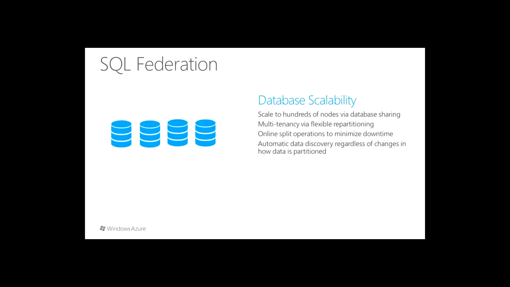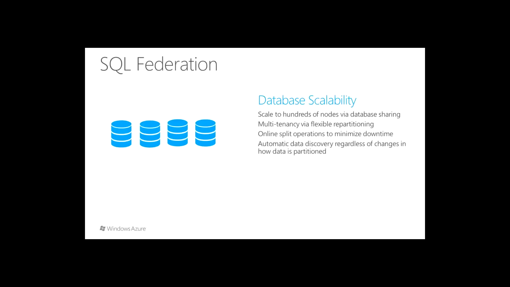The application doesn't care and shouldn't care what's going on in the back end, but I can split and create multiple nodes, multiple partitions in the database very easily without interrupting the application, without making any changes to the application, and without caching anything at the application level. Right? So it's all done at the database level. Very easy, very quick to do, and allows you to scale, again, to hundreds and hundreds of nodes.